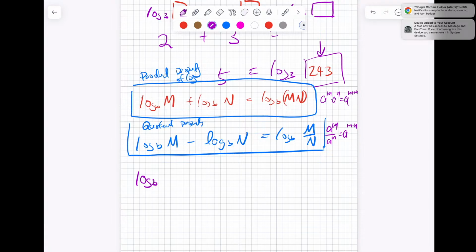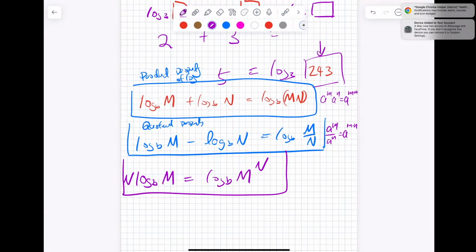So log base b of m to the n equals n log base b of m. This one is very commonly used. This is called the power property.